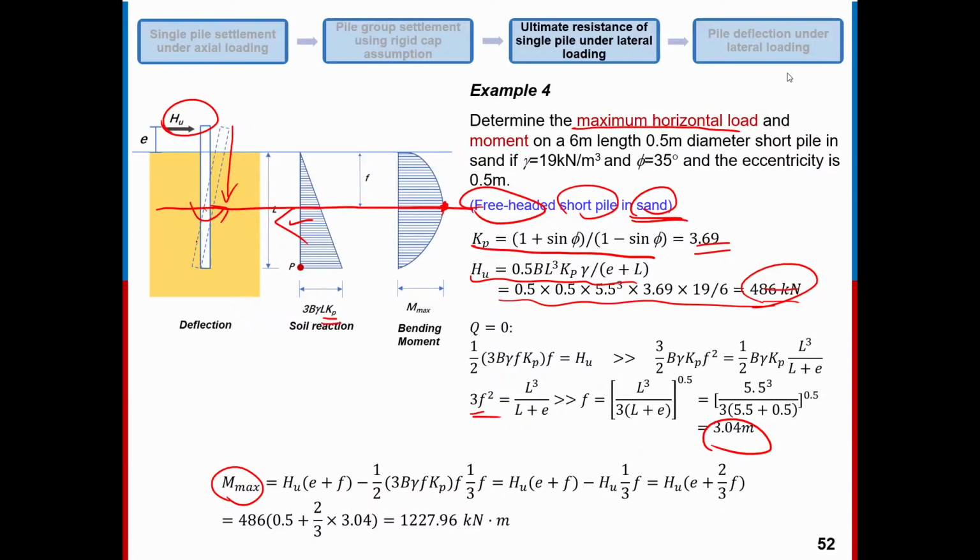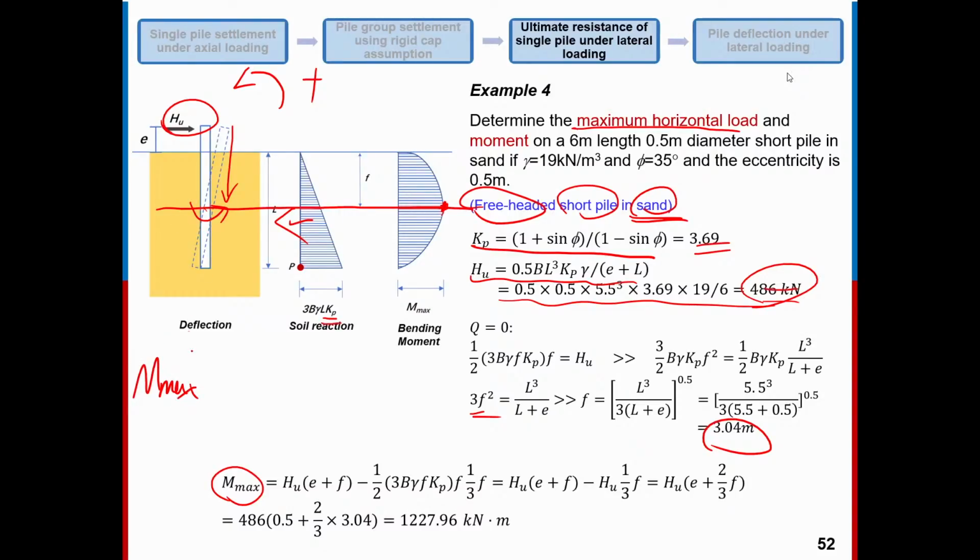For example, this direction, rotate in the anti-clockwise direction, we can assume it, and the Hu we can write it like this. If we assume the anti-clockwise is positive, the M max here is positive, right?